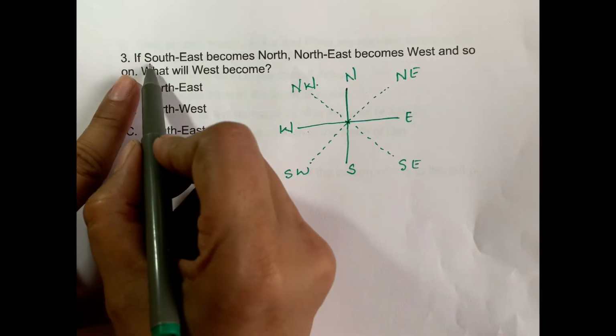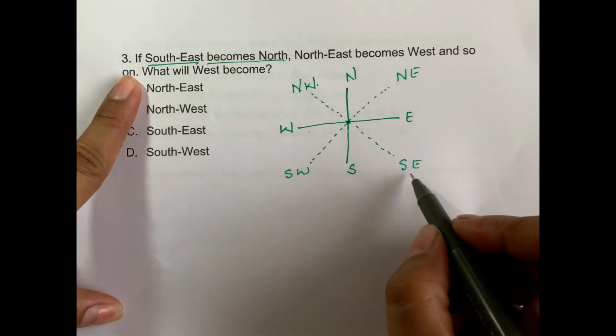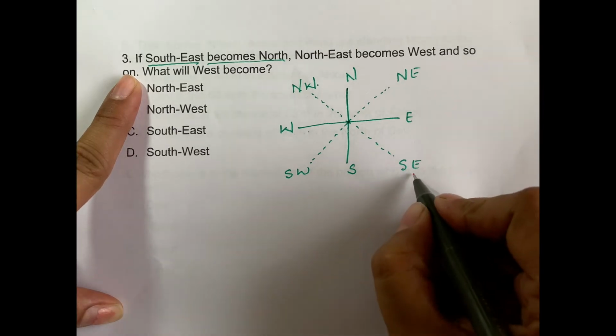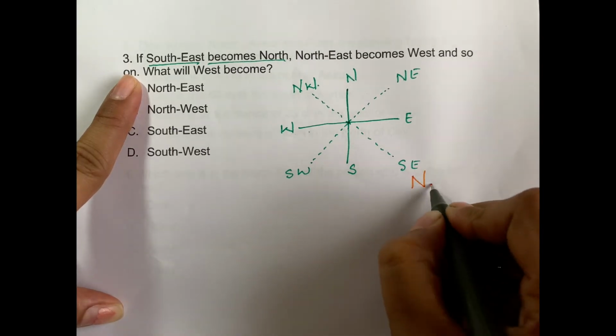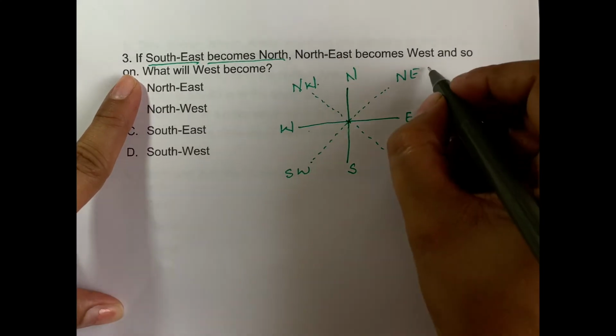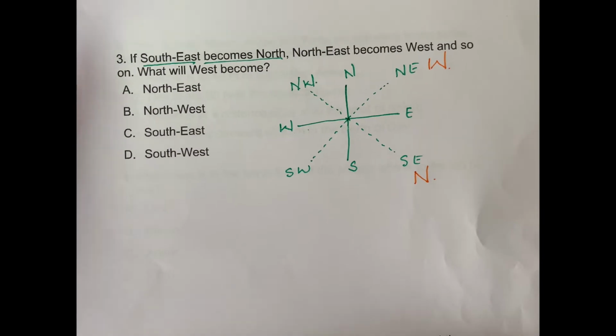What they're telling is southeast becomes north. Where is southeast? Southeast is here. So southeast has become north. Okay. Then northeast becomes west. Here is the west. So we will again do the same thing. We will just rotate it.